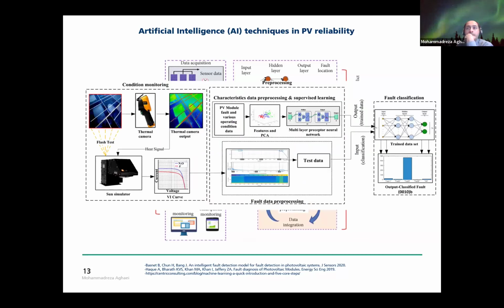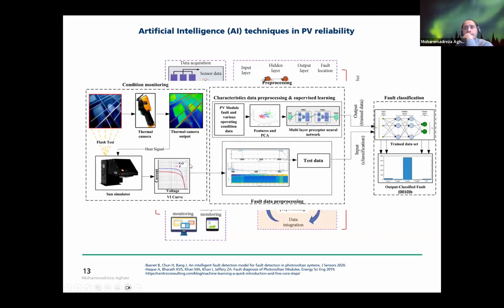For the training purpose, we can use different machine learning based models, train them, and use them for, for instance, fault classification or degradation assessment and evaluation.